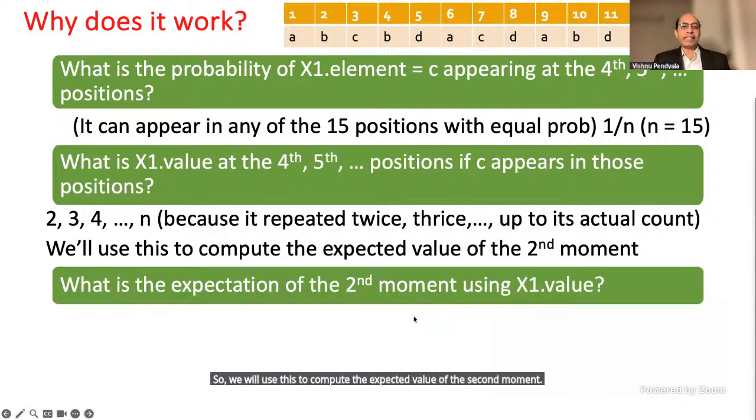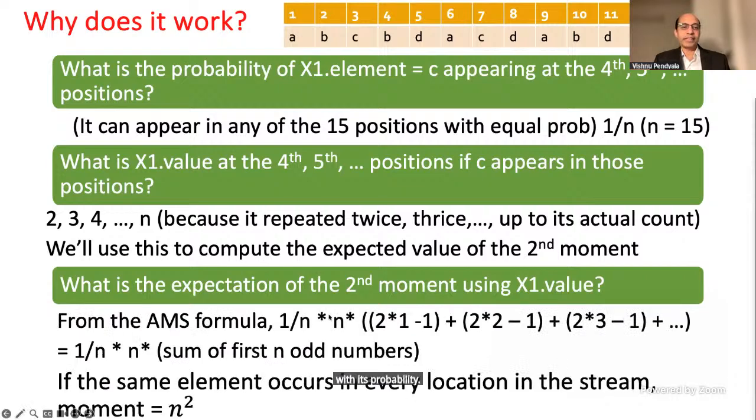So what is the expectation of the second moment using x1 dot value alone? You have to multiply the value with its probability. So 1 by n times the formula, 2CA minus 1. For position 3, the value of CA is 1. Position 4, the value of CA is 2.